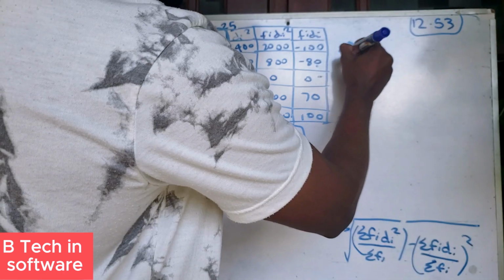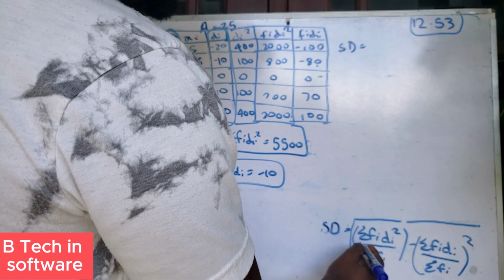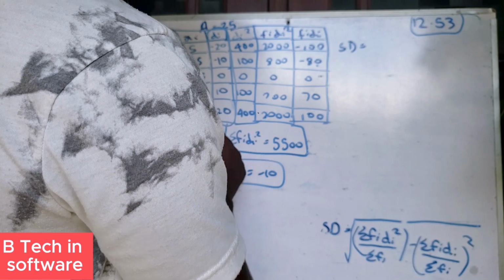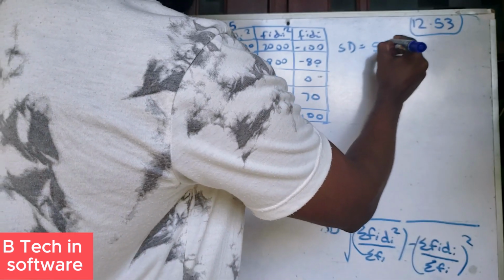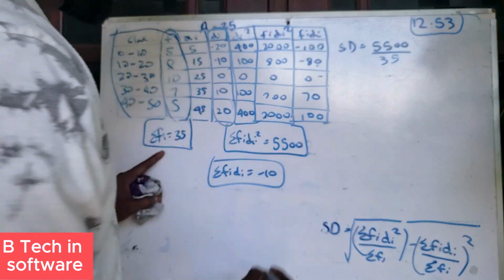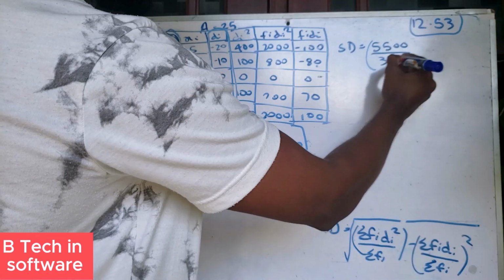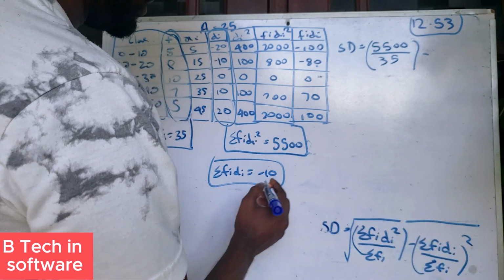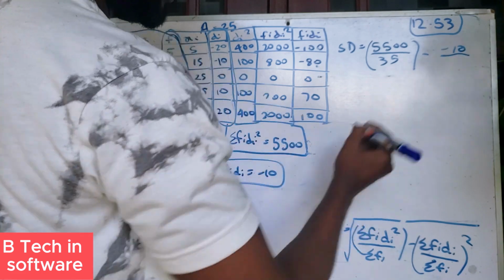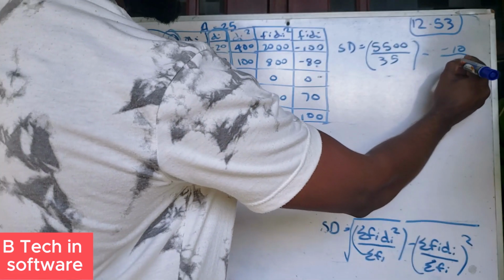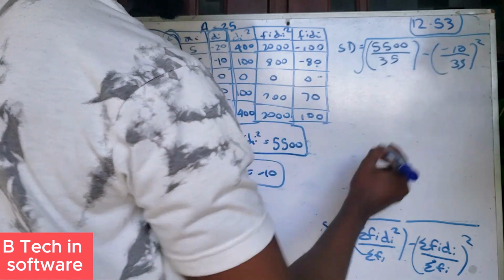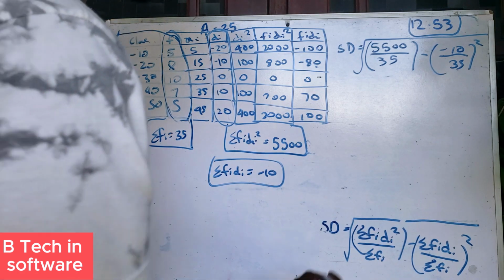Now we can find the standard deviation. Here the sigma fi di squared value is 5500 and sigma fi is 35, and then sigma fi di is minus 10. We need to divide it by 35 and square it, and we need to find the square root of that value.